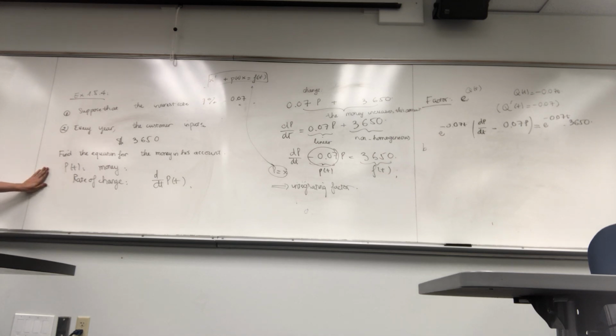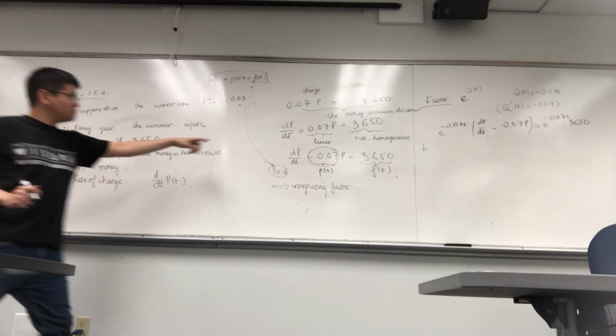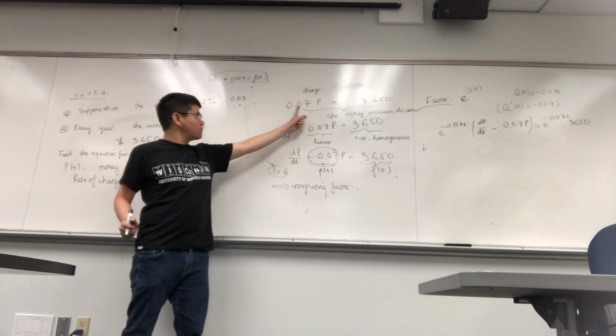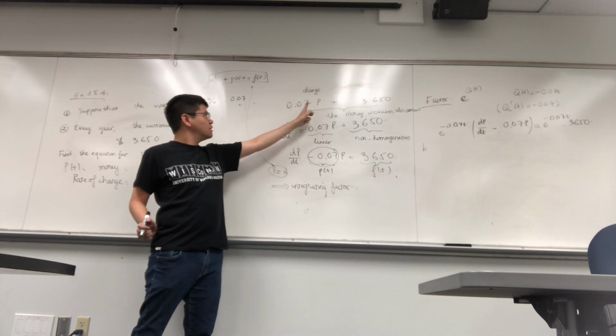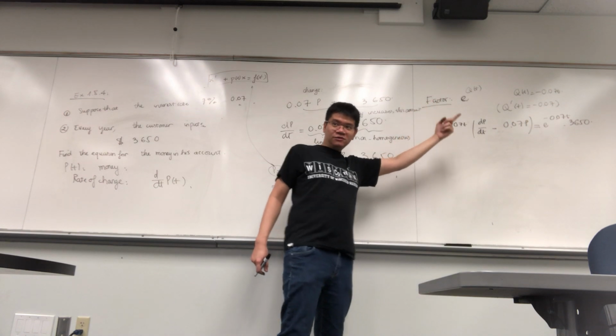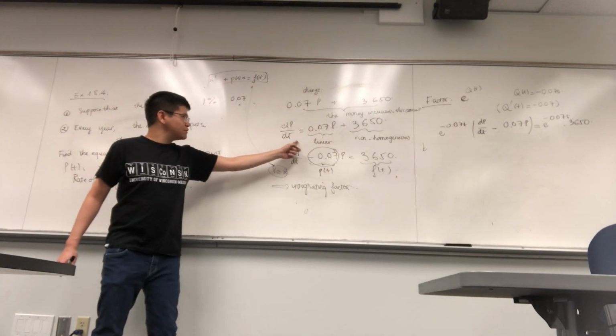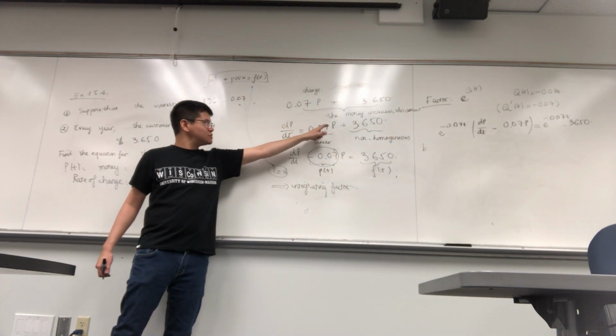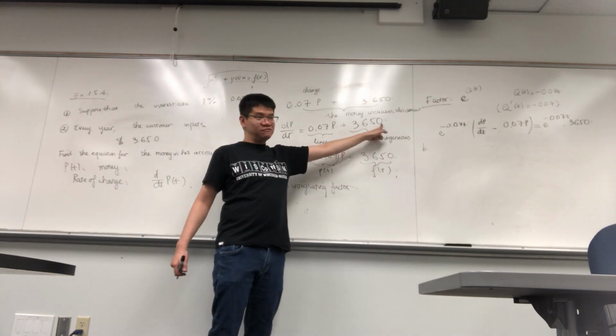I expand again. In this example, we have some input from the outside. The money is growing at the rate 0.07P, but you add some more money into the account. So you have dP/dt is 0.07P plus 3650.